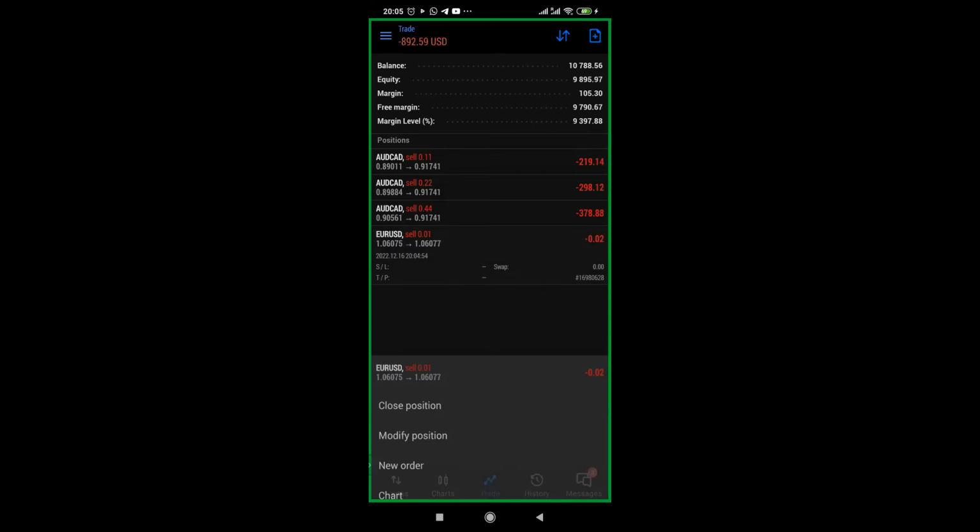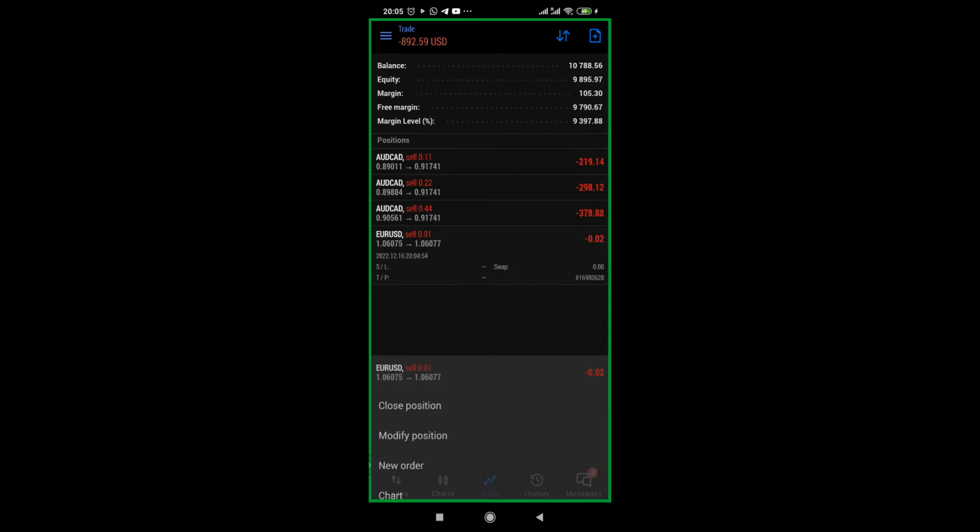It will give you the option for your stop. You put your stop loss there, 1.06820. You put your TP as well, your take profit, 1.05320. And then you click on modify.